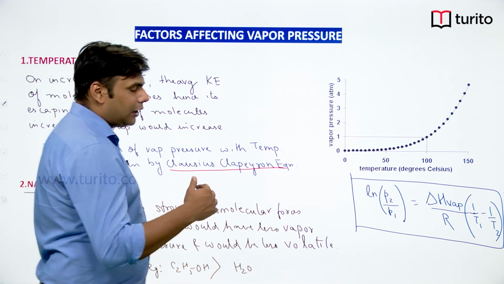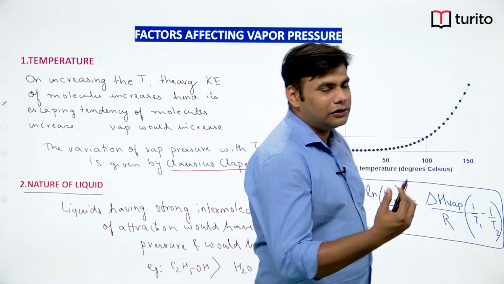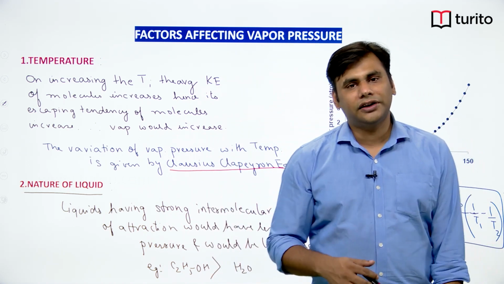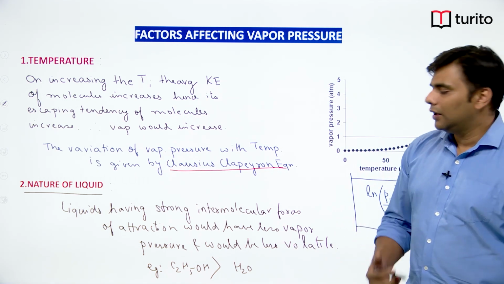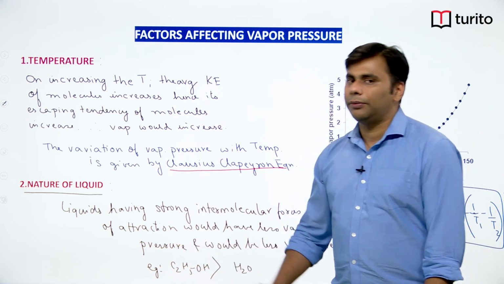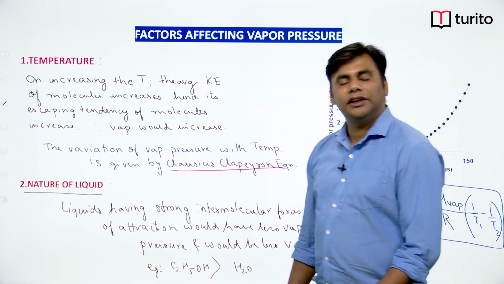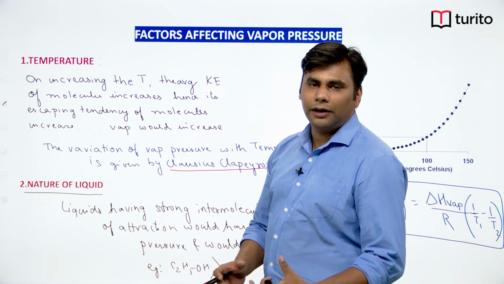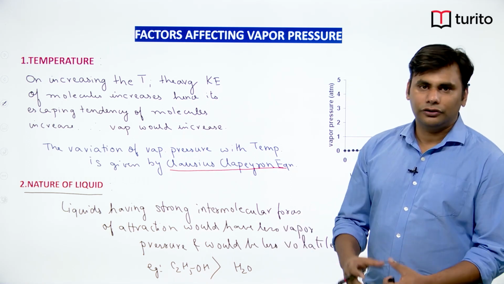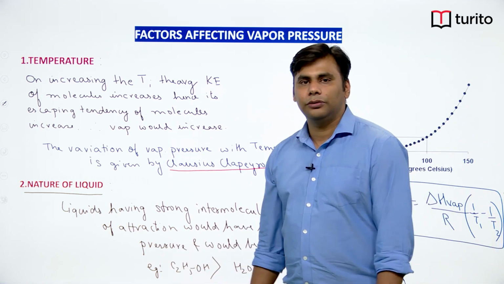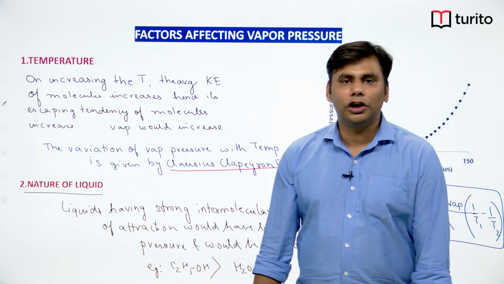Now one doubt that comes to our mind is that ethanol also has hydrogen bonding, but the extent of hydrogen bonding in ethanol is small or weak, because in ethanol there is a carbon group present, and the carbon group is hydrophobic in nature, so they get repelled. Due to which the hydrogen bonding between ethanol molecules is less.